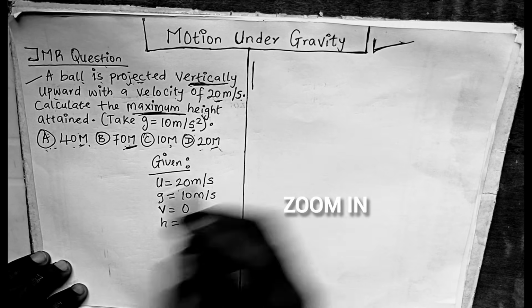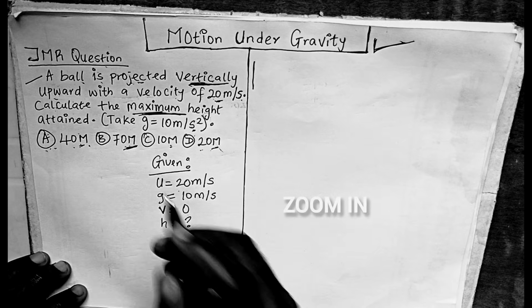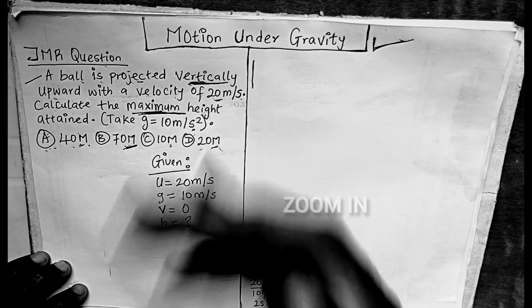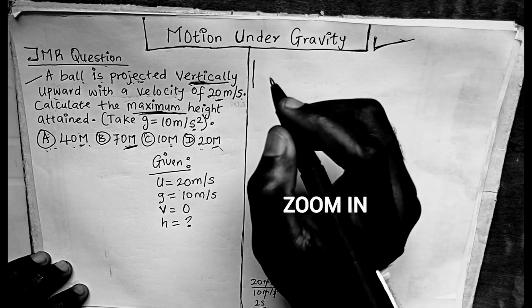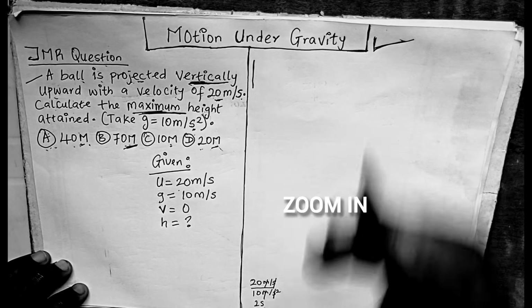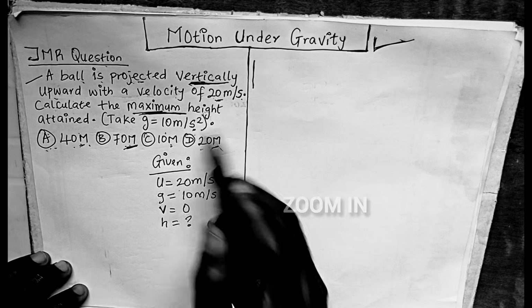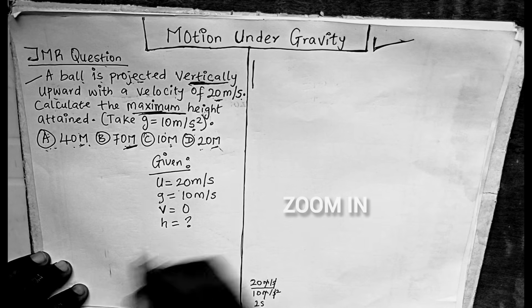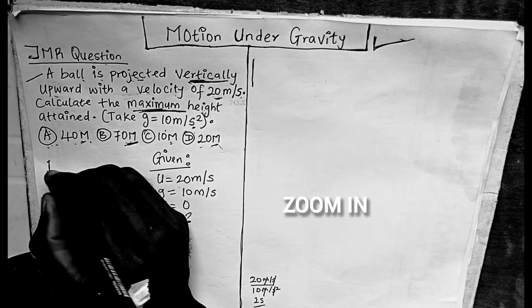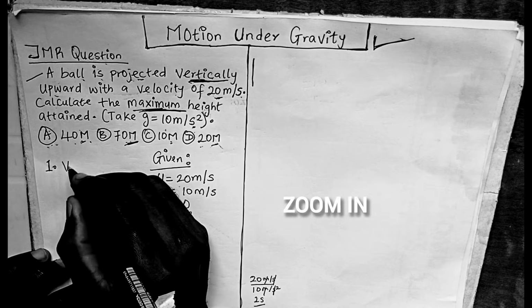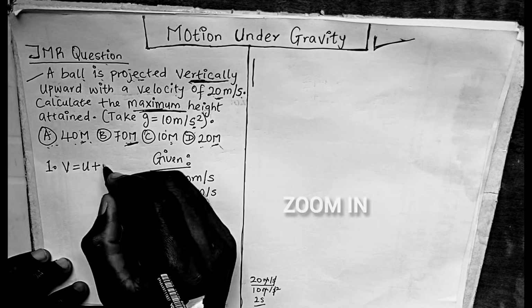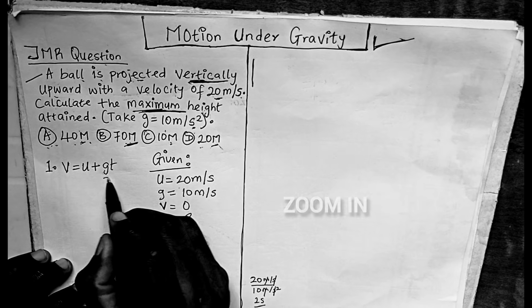So remember the equations of motion under gravity. The equations of motion under gravity are just the same equations of motion. It's just that anywhere you have acceleration, you put gravity, because you are using acceleration due to gravity. So let's write out the first, second, and third equations of motion quickly. The first equation of motion: v is equal to u plus gt. This is the first equation of motion under gravity.